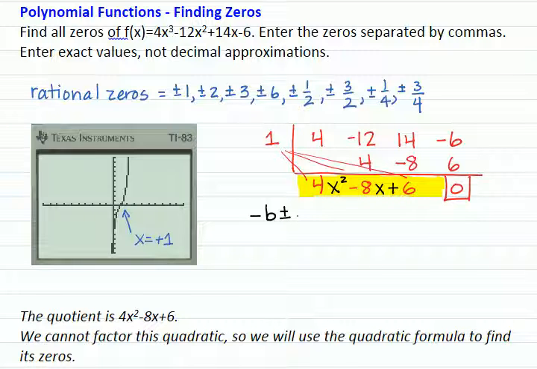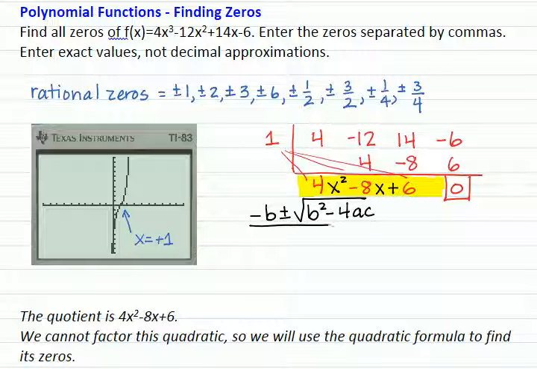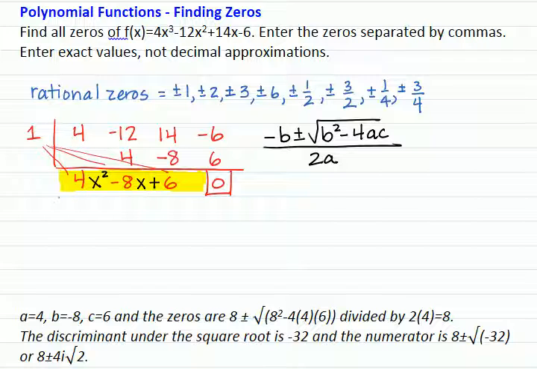x equals negative b plus or minus the square root of b squared minus 4ac, divided by 2a. A is equal to 4, b is equal to -8, and c is equal to 6.